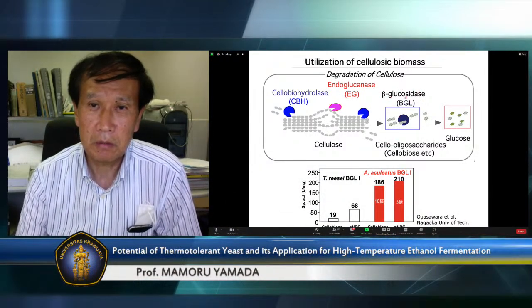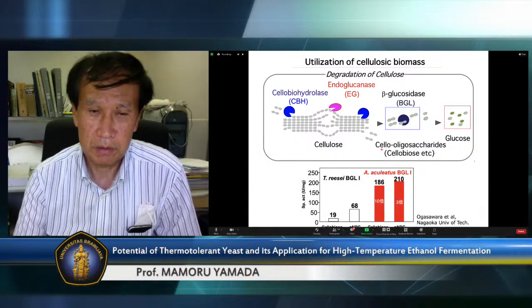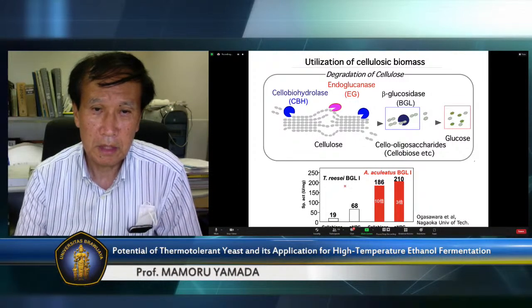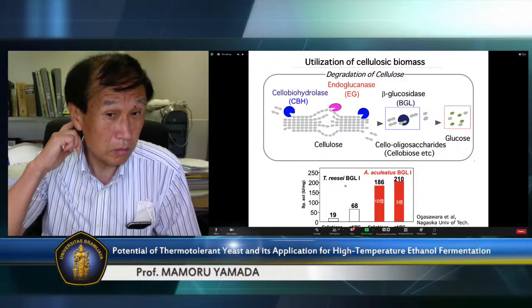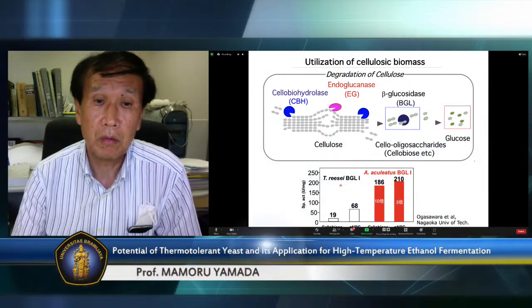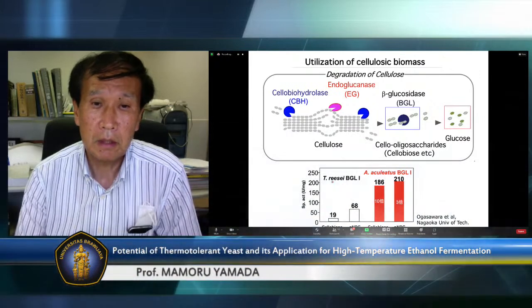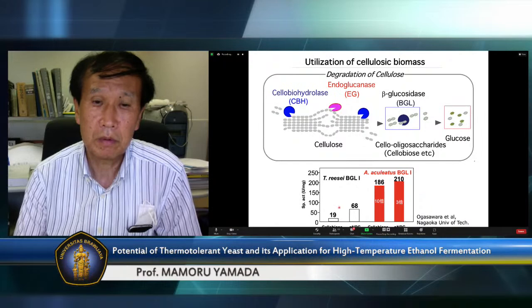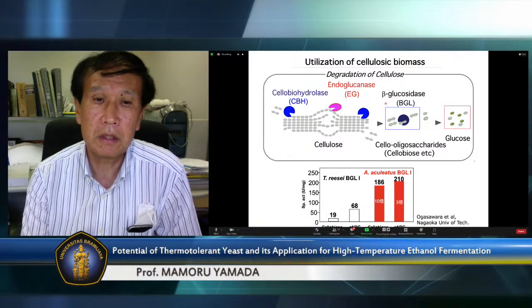Especially this beta-glucosidase degrades cellobiose. Trichoderma reesei is a well-known cellulase-producing fungus, but it produces less beta-glucosidase.